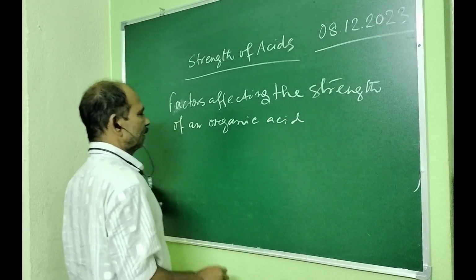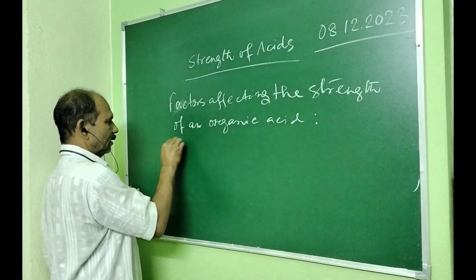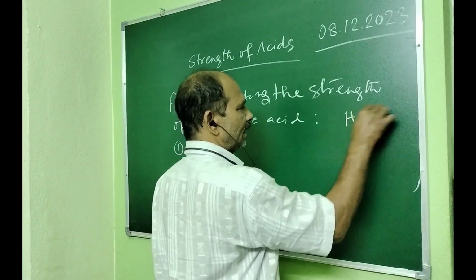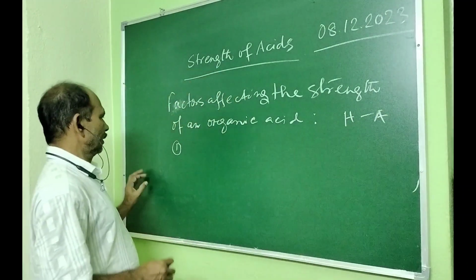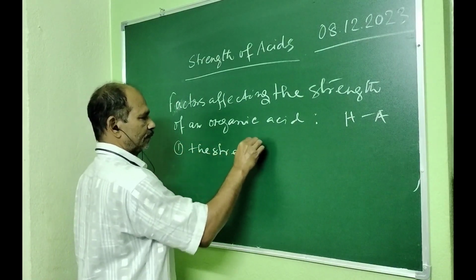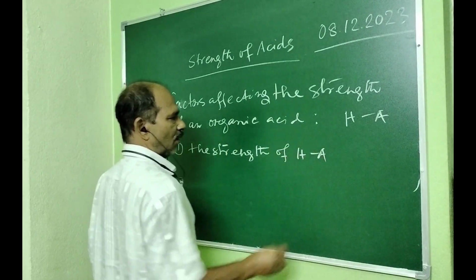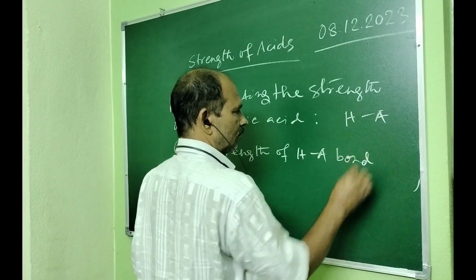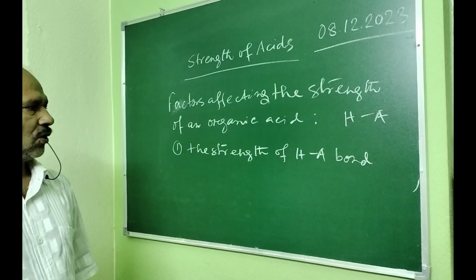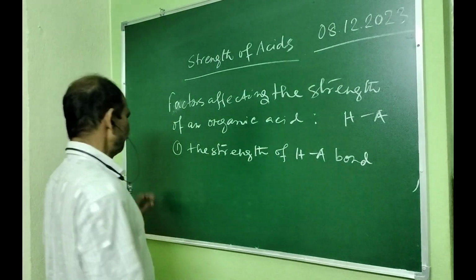Number one, the strength of the HA bond. If the acid is HA, the number one factor is the strength of the HA bond. The weaker the bond, the higher its acidity, and the stronger the bond, the weaker the acid.